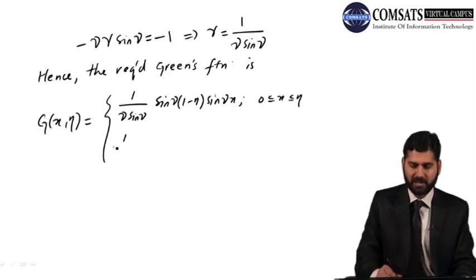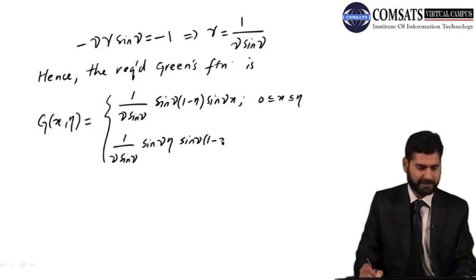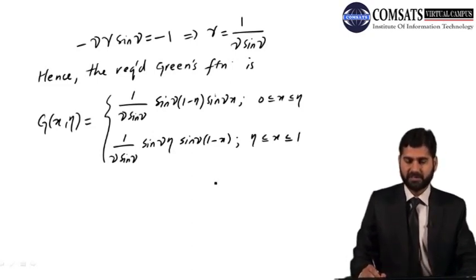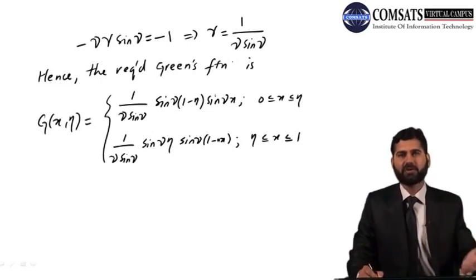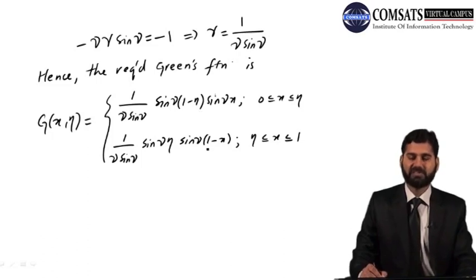And again gamma is 1 over nu sine nu, times sine nu eta and sine nu (1 minus x), for x greater than eta. So this is your Green's function. So you got sine only. There is no cosine at all, because cosine has been absorbed in this statement, because this is the sine alpha cosine beta thing. So those contributions of cosine are absorbed in this sine (1 minus eta) thing. All right. So this is your Green's function for example number 2.